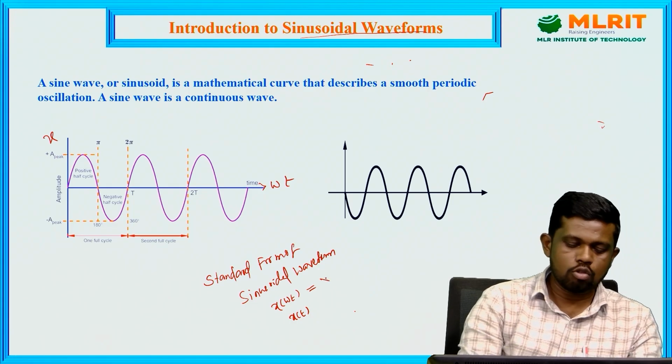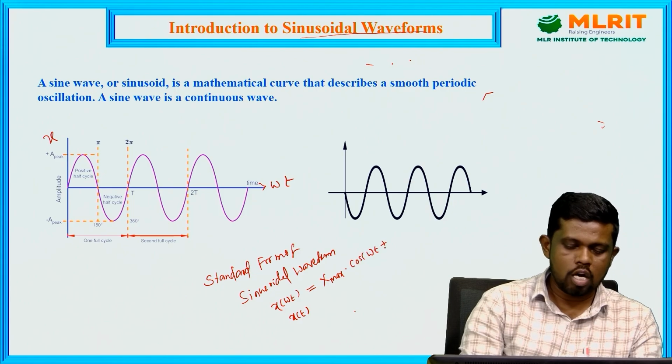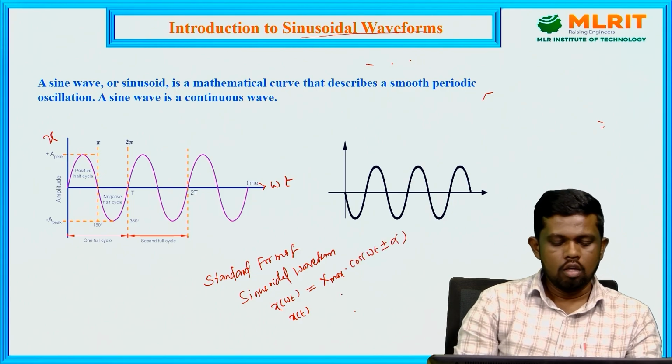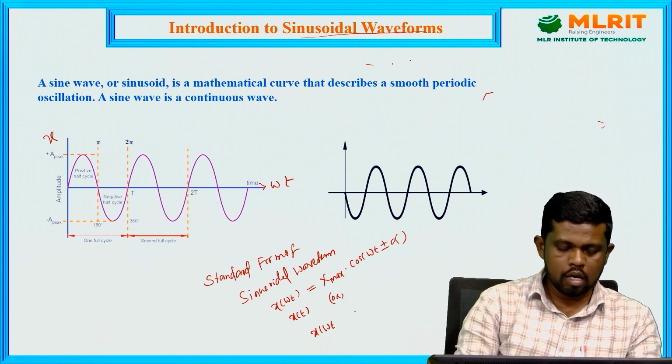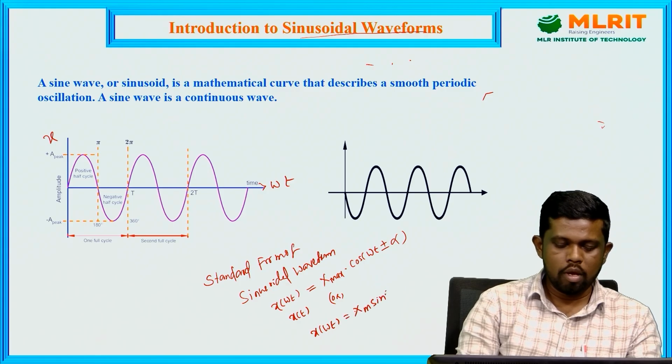So x of omega t equals x max, the peak value or amplitude, times cos of omega t plus or minus alpha. Some people follow the notation x of omega t equals xm sine of omega t plus or minus alpha.